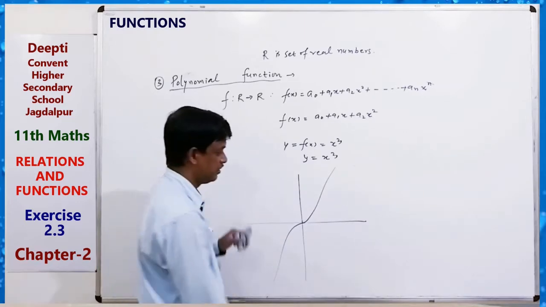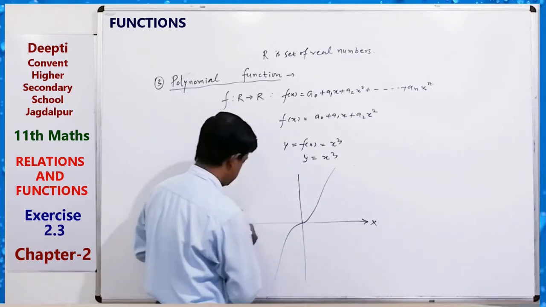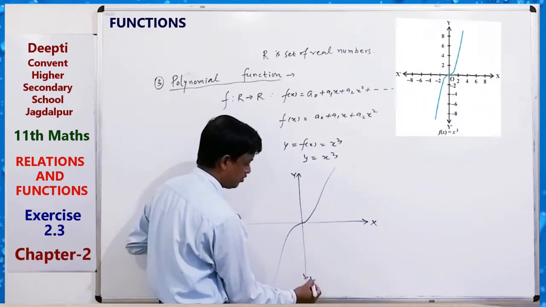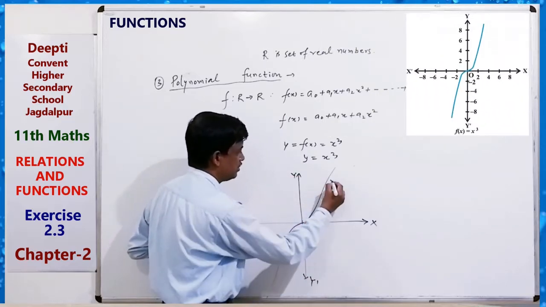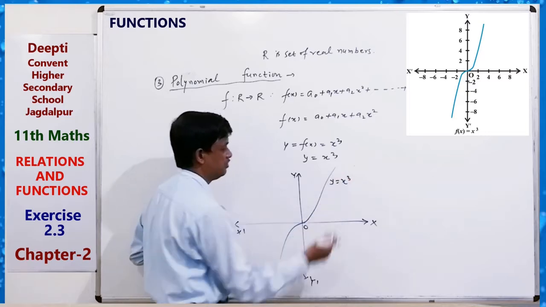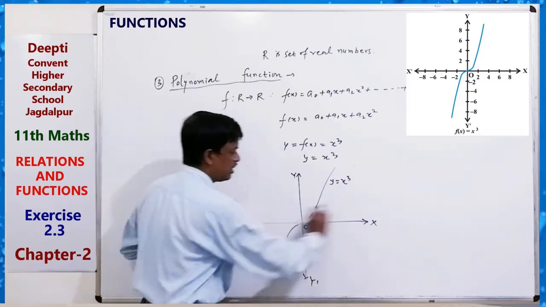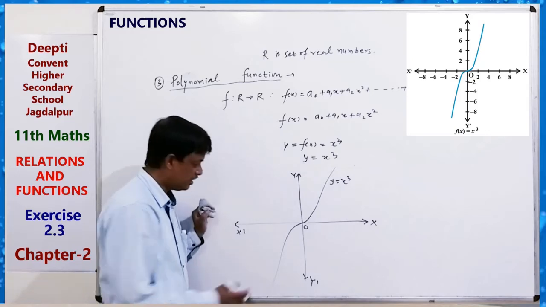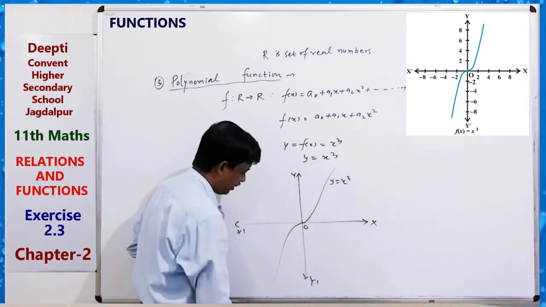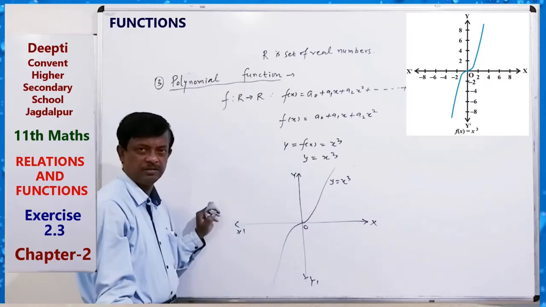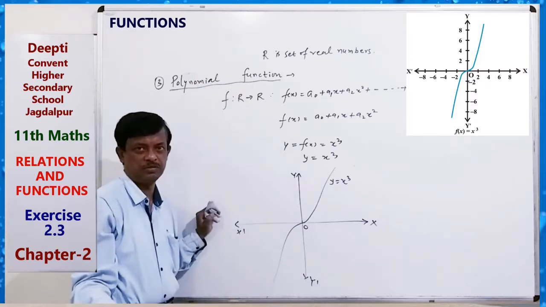This is the x axis, x dash, this is y dash, the origin, this is y equals x cube. Here it is clear that its domain is the whole real line, and the range is also, because the graph grows infinitely in the lower part and upper part, the range is also the set of real numbers.